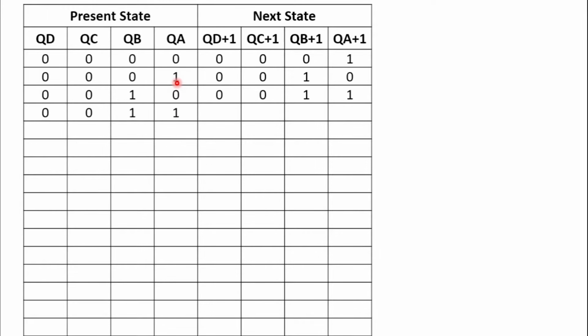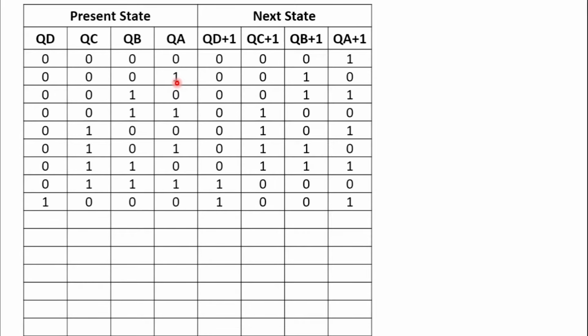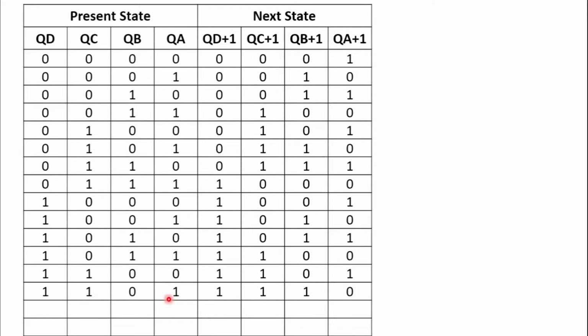Likewise, 3 gets converted into 4. State 4 goes to state 5, state 5 to state 6, state 6 to state 7, state 7 to state 8, state 8 to state 9, state 9 to state 10, state 10 is followed by state 11, state 11 is followed by state 12, state 12 is followed by state 13, state 13, that is 1101, is followed by 1110, which is 14.